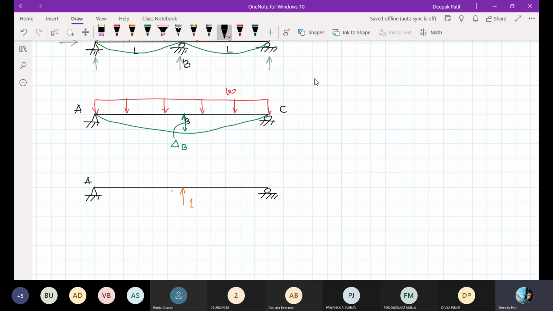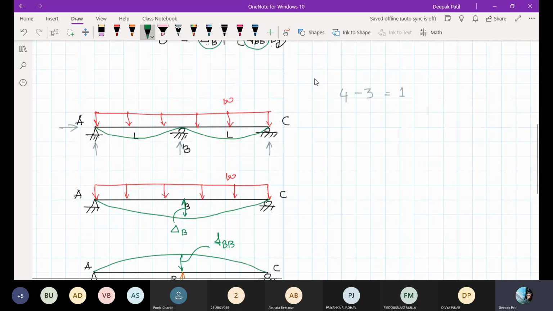So this is A, this is B, this is C. Once again, it is a determinate structure. How will the deflection be? The deflection will be something like this. So this deflection at B, I will call FBB.